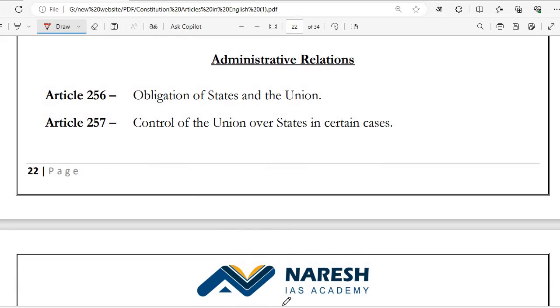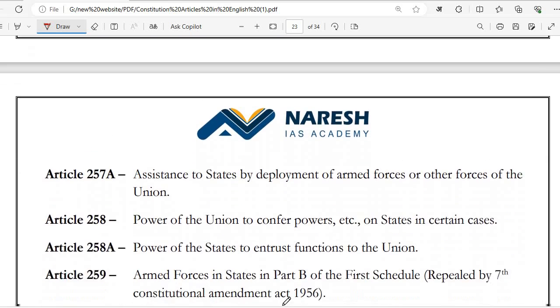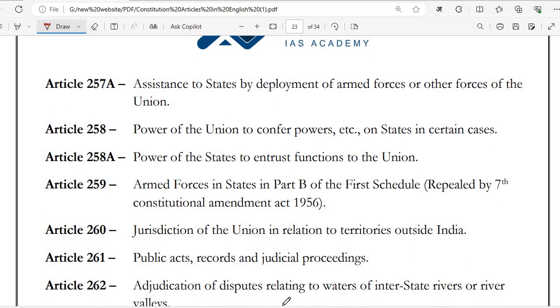It means the central government can instruct and direct the state government to protect national properties, transport, communication. 257A, assistance to states by deployment of armed forces or other forces of the union. 258, power of the union to confer powers on a state in certain cases. State government can be granted power by the union government. 258A is the reverse provision of 258.